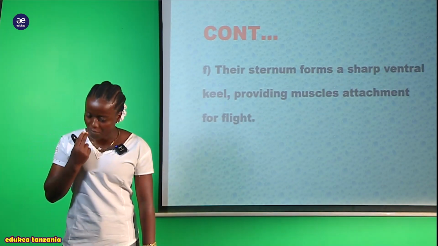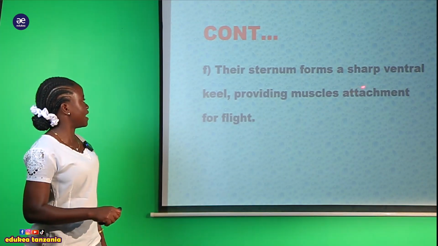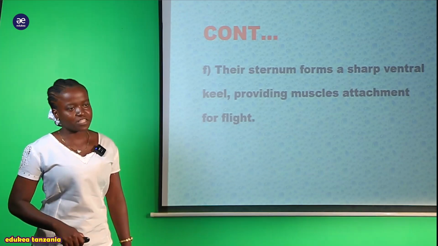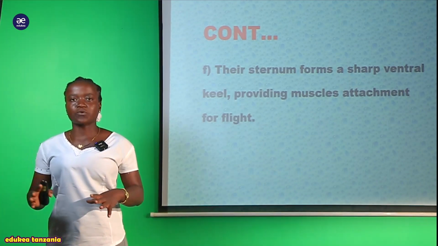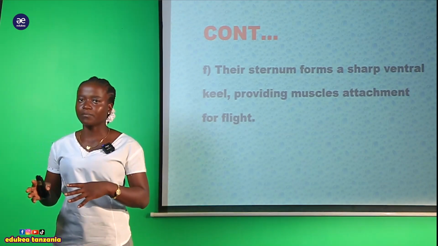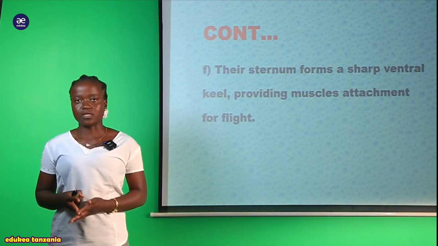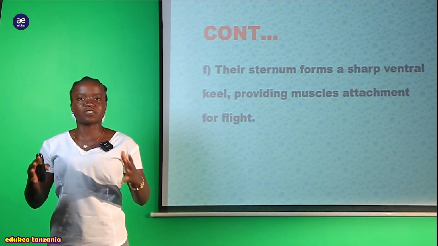And also we can say that their sternum forms a sharp keel providing muscle attachment for flight. This organism has a sharp keel. When you observe, for example, a hen, duck or pigeon, you can see this keel easily. It is found within the chest region.